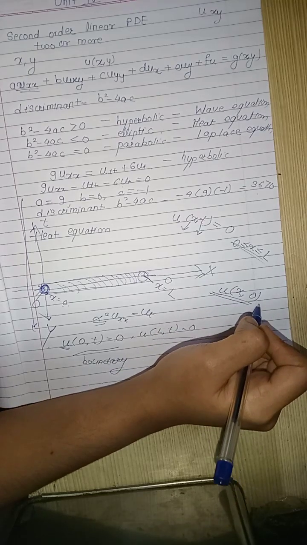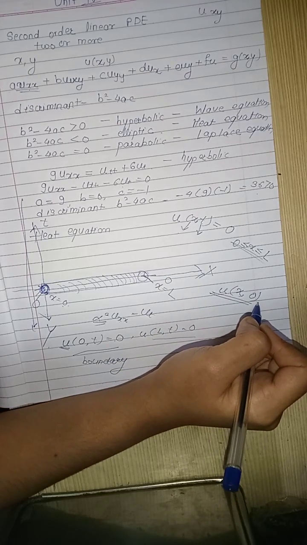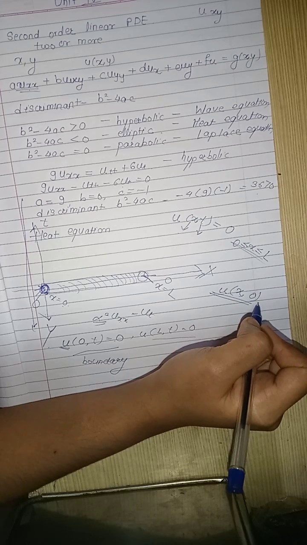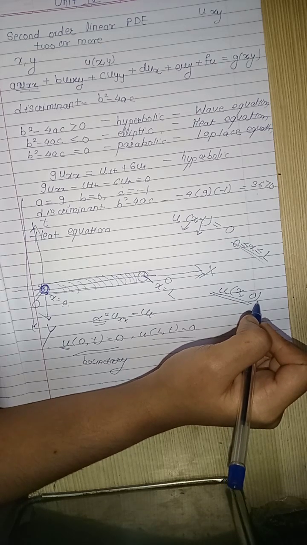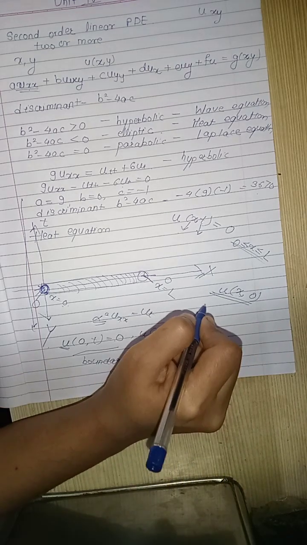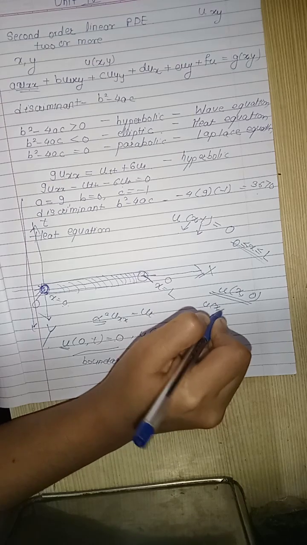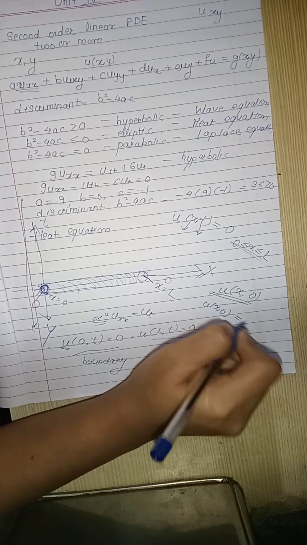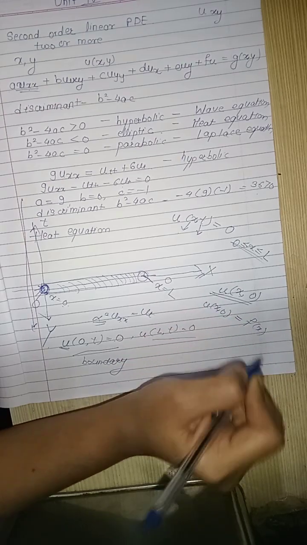It gives us an idea of the temperature everywhere inside the bar at t equals 0. So you can say that u(x, 0), which is the initial condition, will have some value f(x).